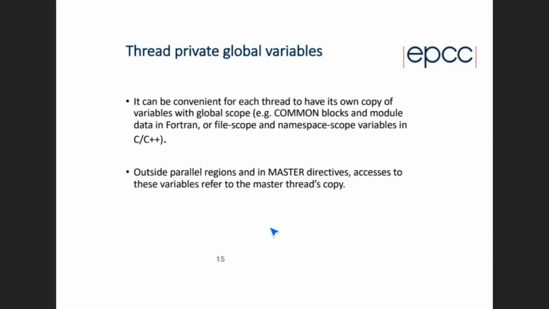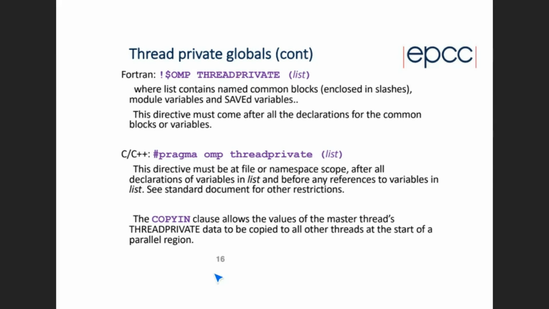So we can do that. If we're outside a parallel region, or in a master directive, then accesses to those variables refer to the master thread's copy. Otherwise, they refer to the copy in the calling thread. The way we do this is we use a threadprivate directive, which comes after all the declarations.